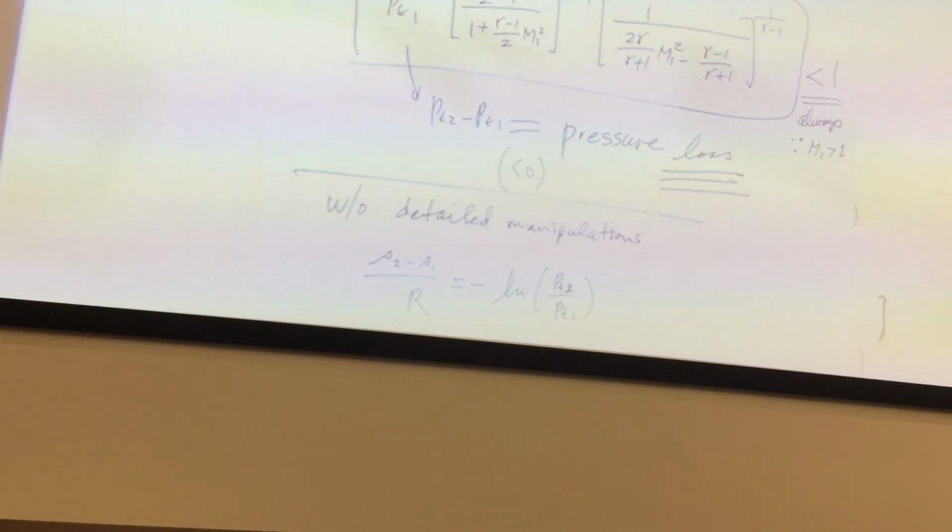So this is very important. That's why we call it pressure loss. So the pressure loss is not about P2. Earlier I also said the pressure loss is about the loss of ability to expand. So your expansion ratio will become low.